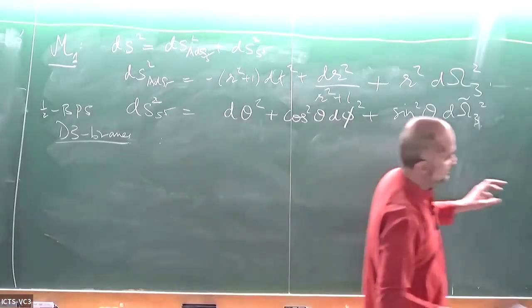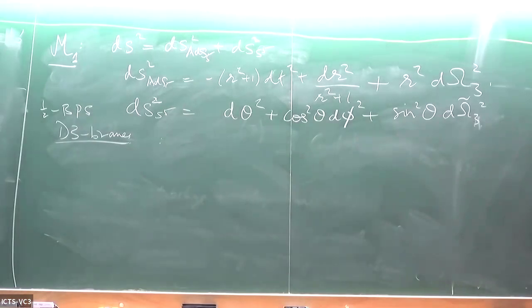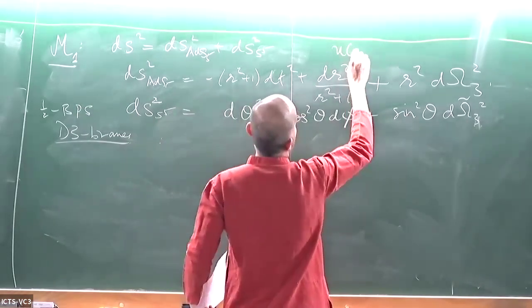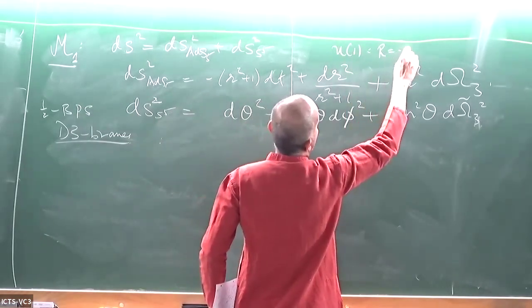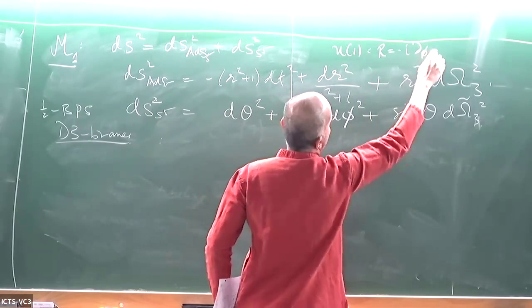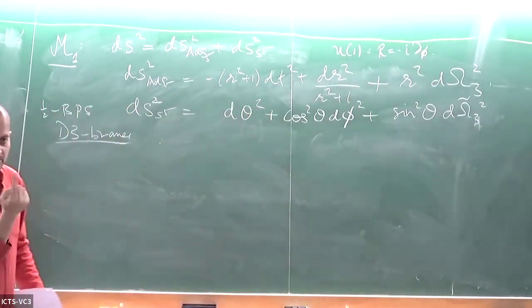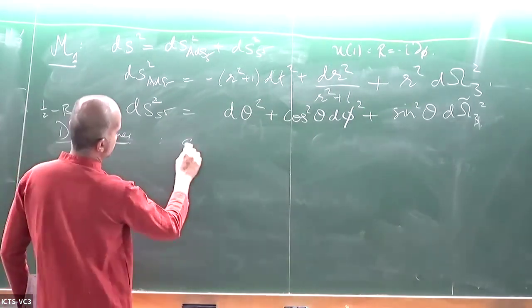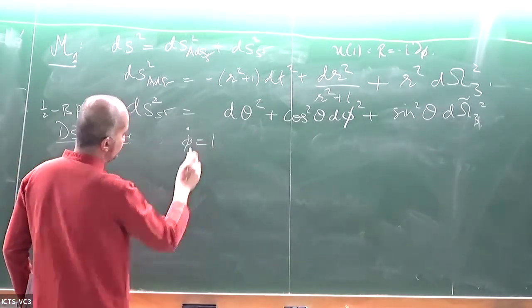So I'm taking the half BPS such that there's a U(1) charge here. That U(1) R is minus i d/d phi. I'm taking that particular angle. So they all spin around that with the speed of light, so this phi dot is 1.